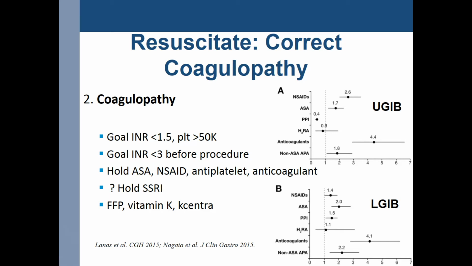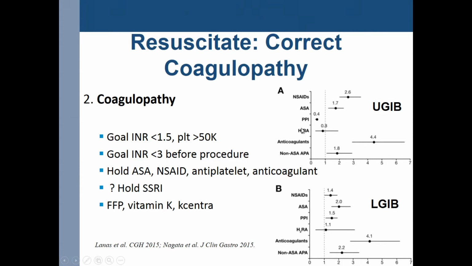Now, this graphic to the right just shows you the risk of upper GI bleeding versus lower GI bleeding with various agents that could cause GI bleed, as well as the protective effects of PPIs versus H2 blockers.